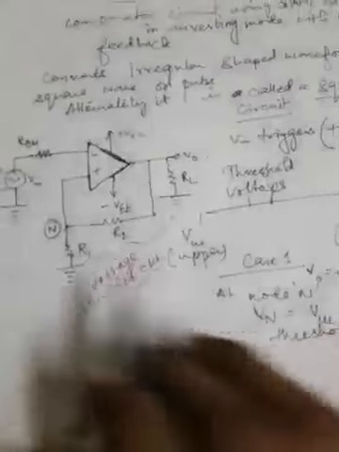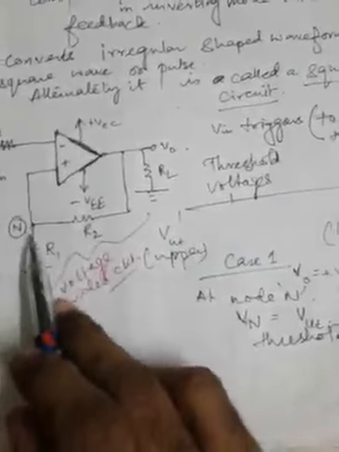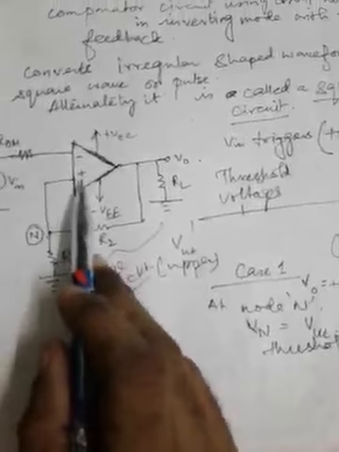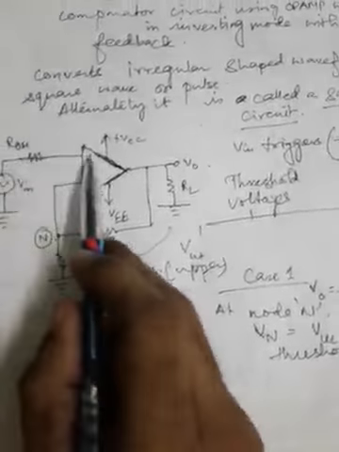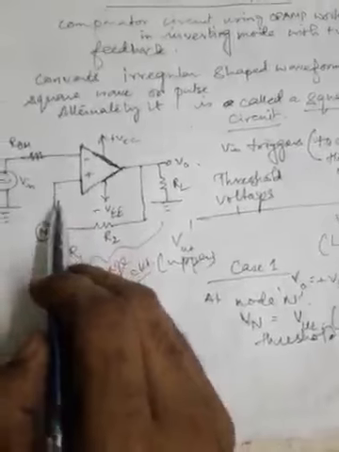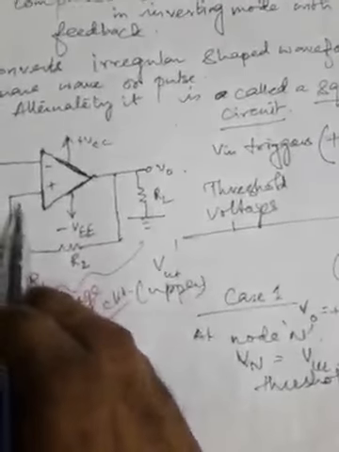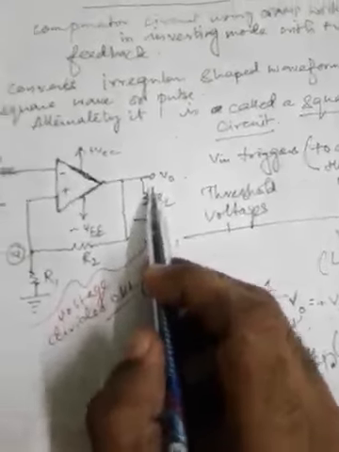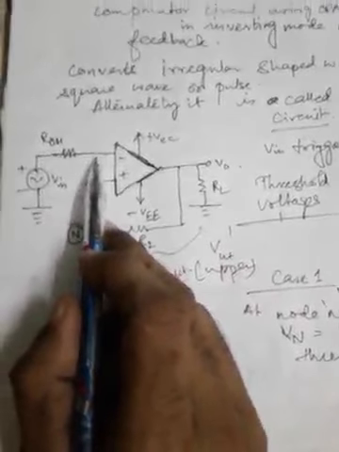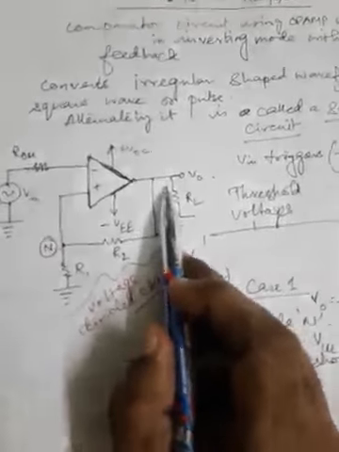The input voltage in that case must be slightly more positive than VUT. That means at the non-inverting terminal it is VUT and at the inverting terminal it is Vin, and in this case Vin must be slightly more positive than VUT. If that happens, it will cause the output VO to switch from positive saturation to negative saturation, because if the voltage at the inverting terminal is more positive than the non-inverting terminal, the output will be inverted.